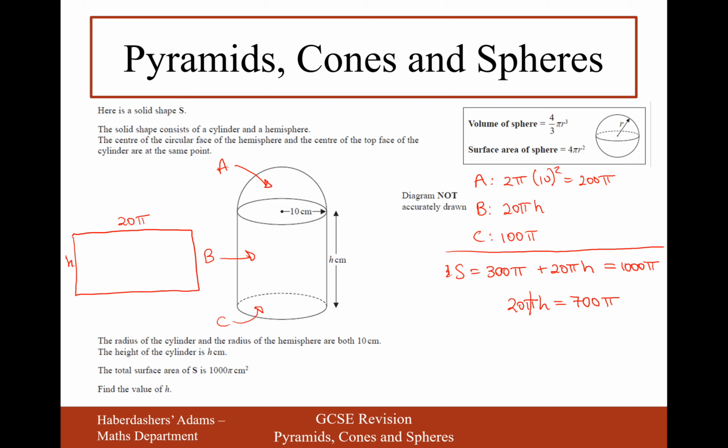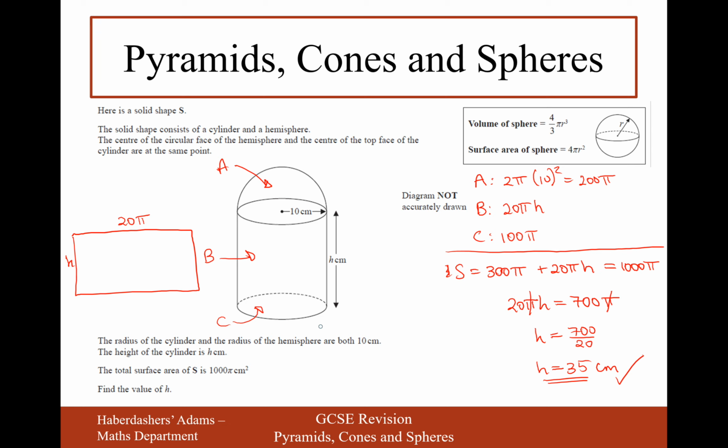Divide pi on both sides and then divide by 20. So 700 divided by 20, I believe, will be 35. Just double check that on the calculator, don't want to leave you with a mistake. 700 divided by 20, yeah, 35. 35 centimetres high is this cylinder.